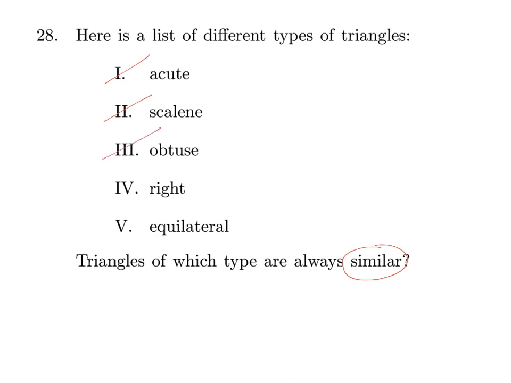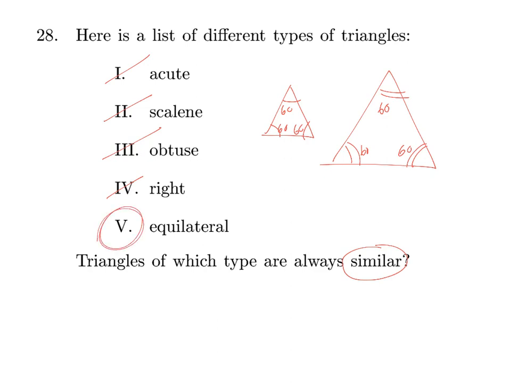You could have right triangles where the other angles are not the same. Equilateral triangles. Yeah, for equilateral triangles, the measurements are always 60 degrees for the angles, right? So just by AA alone, you know that they always have to be similar. So just option 5, that's it.